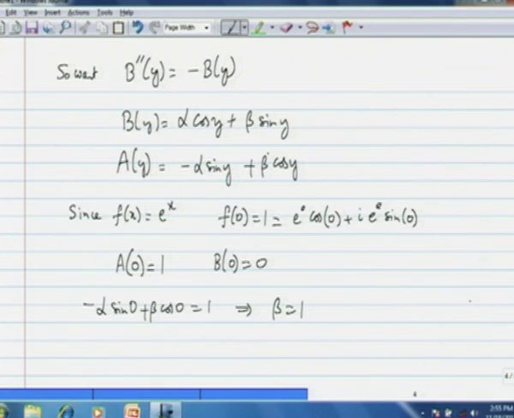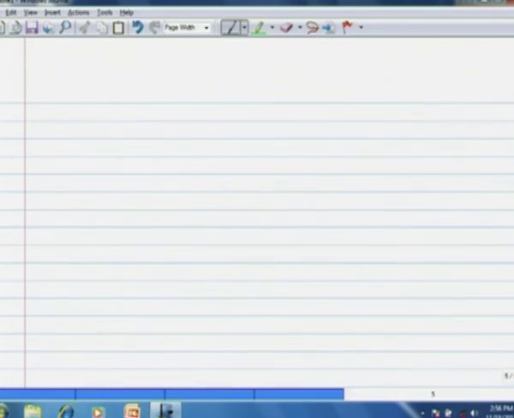And then substituting beta equals 1 in b of 0 equals 0, we get b of 0 is alpha times cosine 0 plus 1 times sine 0. This should be 0. So, alpha should be 0.